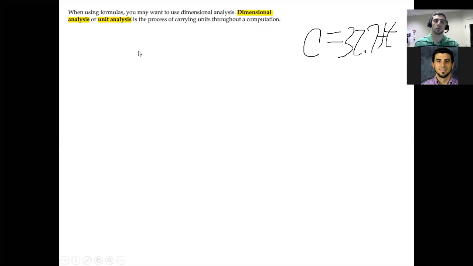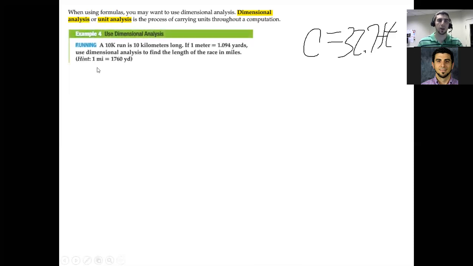Okay, so when using formulas, you may want to use dimensional analysis, as that is the process of carrying units through a computation. So a 10-kilometer run is 10 kilometers long, a 10K run. 1 meter equals 1.094 yards.